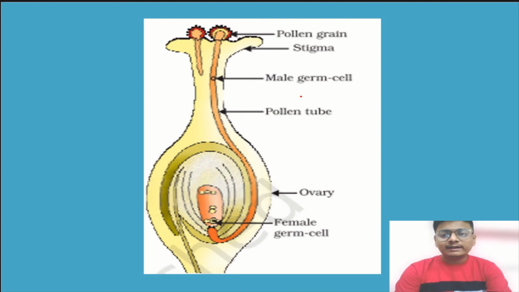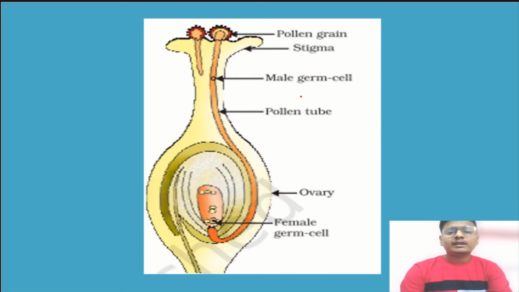Thus the pollen needs to be transferred from stamen to the stigma. If the transfer of pollen occurs in the same flower, it is referred to as self-pollination. On the other hand, if the pollen transfer is from one flower to another, it will be known as cross-pollination.